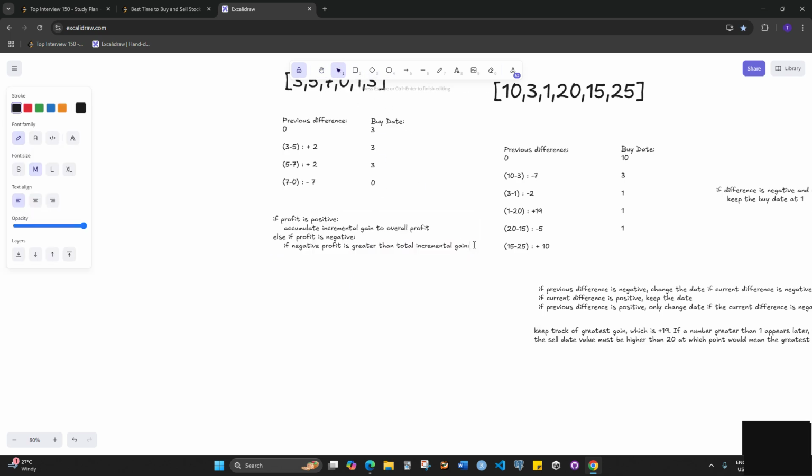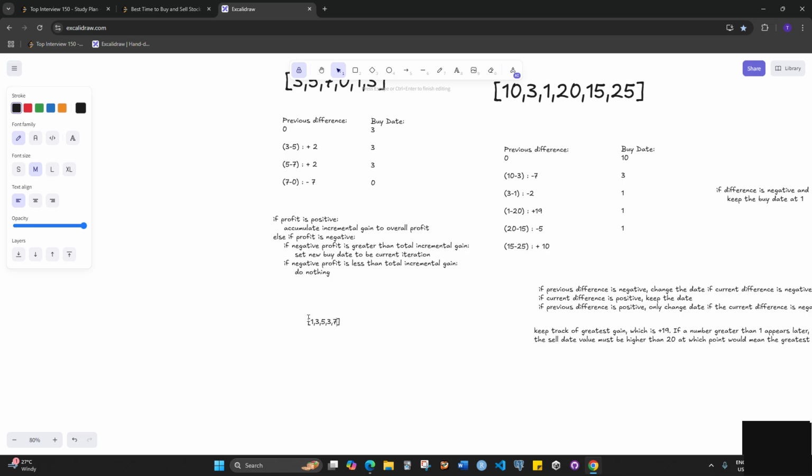If the profit is greater than total increment, because if the profit is greater, then what's going to happen is, let's say 1 3 1 3 5 1 3 5, so the incremental gain is 4, but then if the drop is going to be to 3 again, like this.